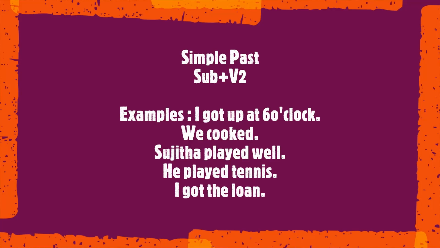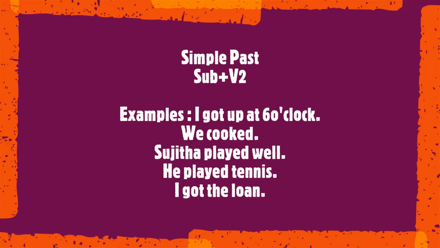So how can we learn the rule? How can we write? That is subject plus verb. Which form of verb? Subject plus past form of the verb, that is subject plus V2. V1, V2, V3.